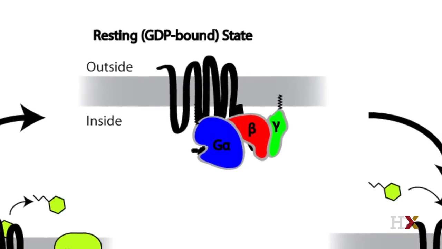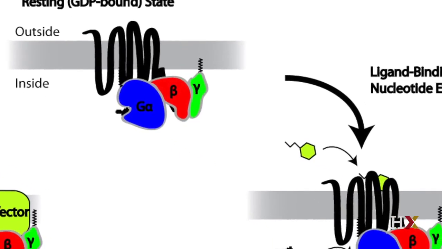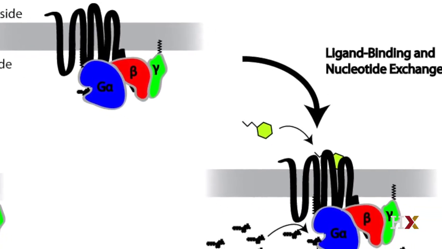So now you know the basic pieces of a GPCR. Let's take a look at how they work. The basic principle is common to all GPCRs. A ligand is bound outside of the cell, and this affects the function of the G proteins inside the cell.